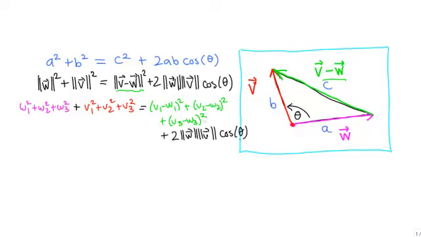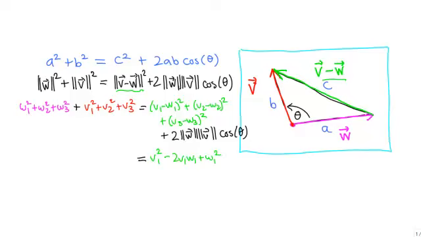Let me take that expression in green right there and expand it out. I'm just going to FOIL that whole expression out, and we're going to come up with a ginormous equation. So the left-hand side will stay the same, but the right-hand side is going to be, well, if we expand v1 minus w1 squared, that's v1 squared minus 2 times v1 times w1 plus w1 squared.